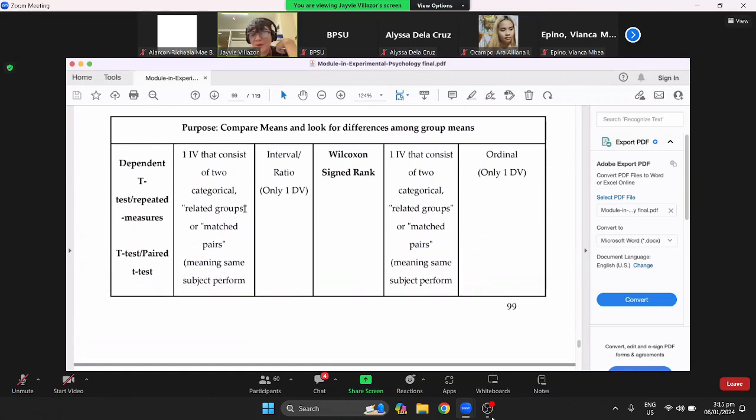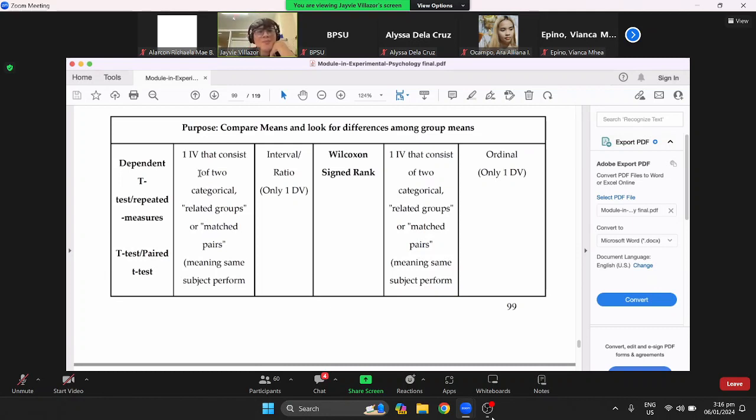So again, we are clear with this that our independent variable is one, pero two related match groups, and then we have one dependent variable and the type of scale of measurement is interval or ratio.